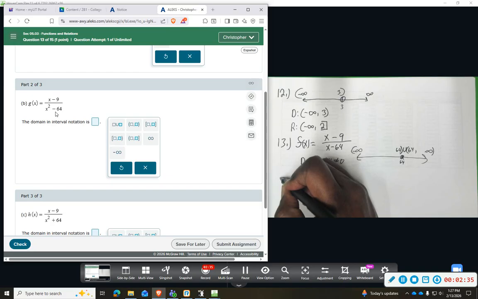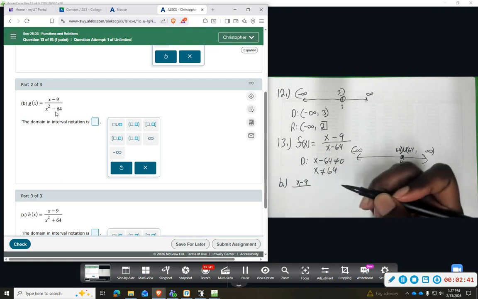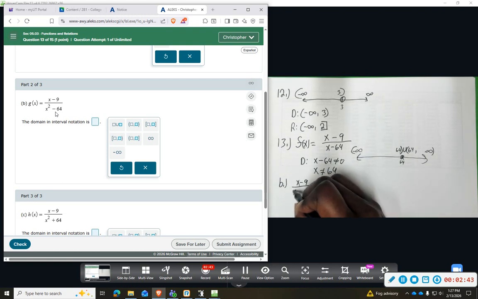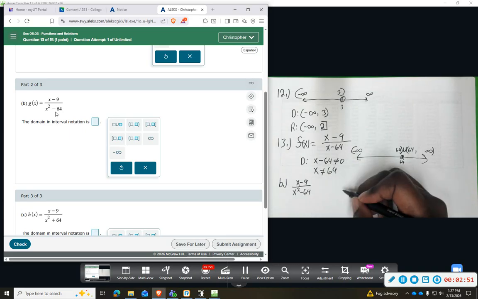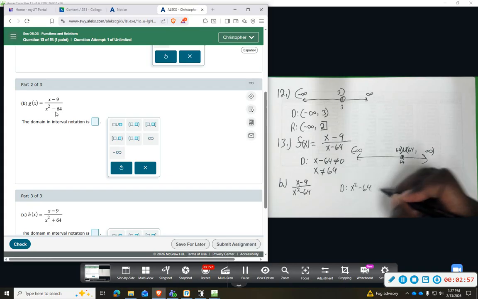Okay. Part B, same thing. Our expression has changed slightly. So it is x minus 9 in the numerator. The denominator is x squared minus 64 this time. So I'm going to set this expression not equal to 0 for my domain. Domain: x squared minus 64 cannot be equal to 0.